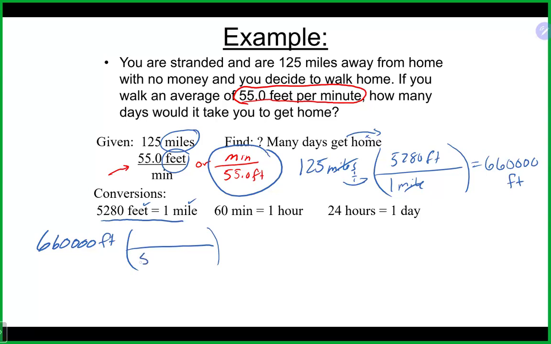And we're going to put 55 feet per minute here. If I stop right at this point, my feet are going to cancel, and I am left with minutes up on top. I now need to go from minutes basically to days.